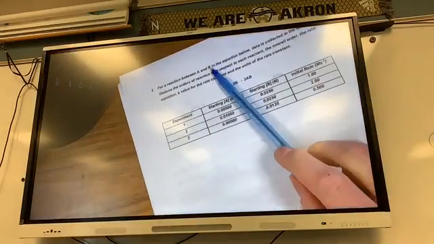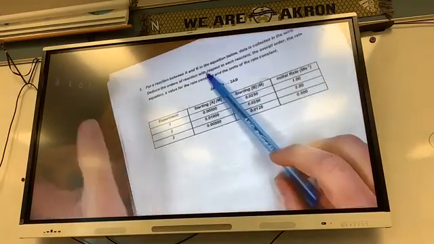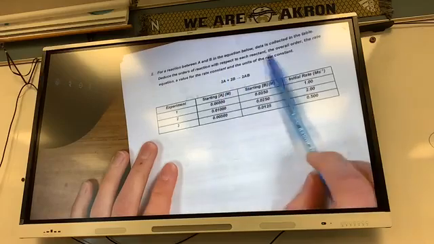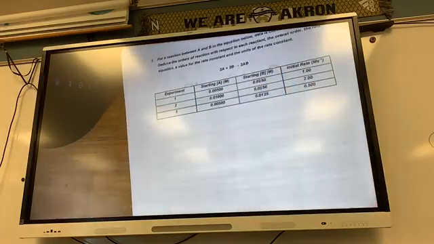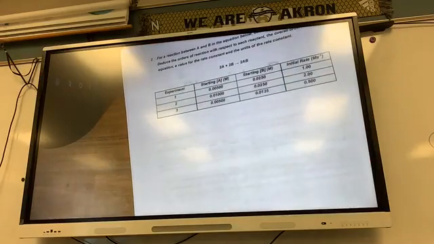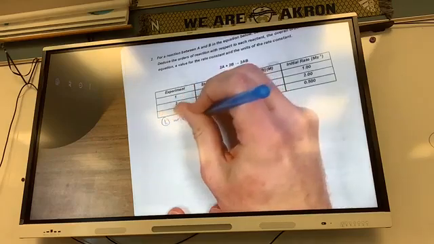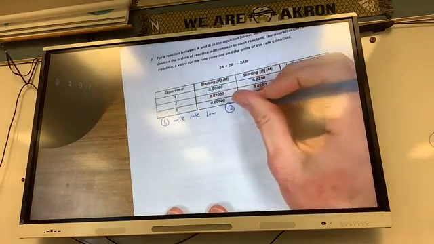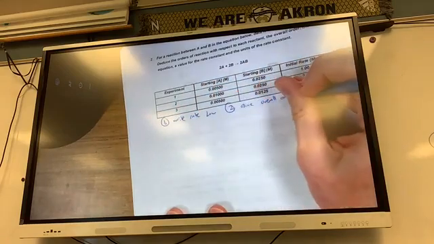Question 2, for the reaction between A and B in the equation below, data is collected in the table. Deduce the orders of reaction with respect to each reactant, the overall order, the rate equation, and the value of the rate constant. Do it. Now it's you. You need to do 3 things. Number 1, write the rate law. Number 2, give the overall order, so you have to add up your exponents.